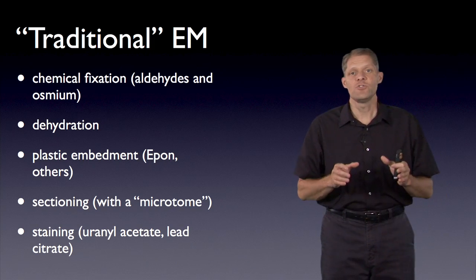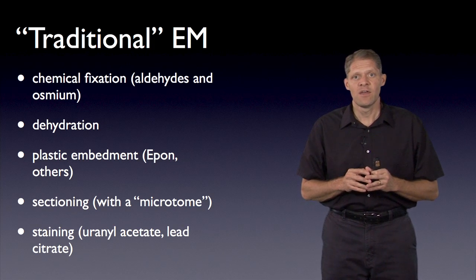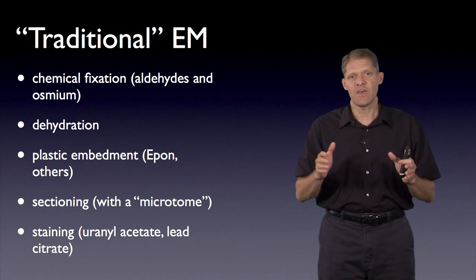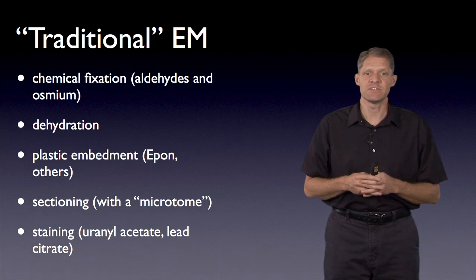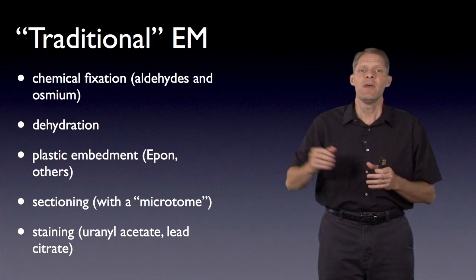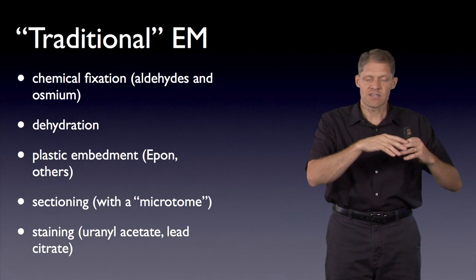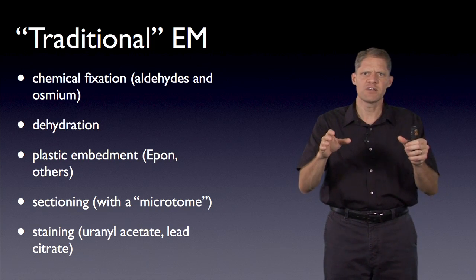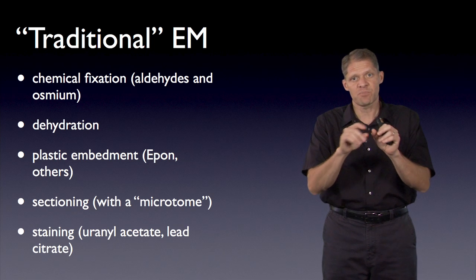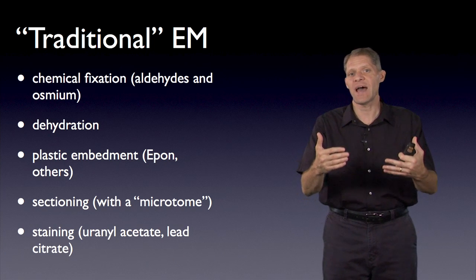To embed a cell in plastic, we first infiltrate the cell with a resin. For instance, a common popular resin is called EPON. And once the cell is filled with this resin, we then cure the resin to cause the individual monomers to polymerize and form a hard plastic.